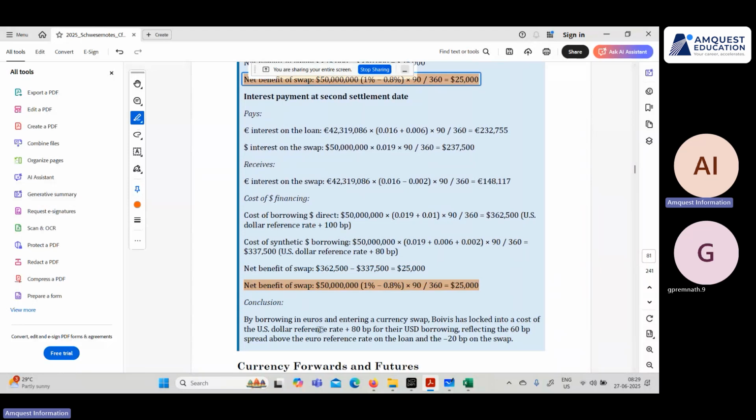So the conclusion is the same: by borrowing in euros and entering into a currency swap, Bobis has locked, very important word, in the price. This will help you understand that no matter whether interest rates move, he has locked in a cost of US dollar plus 80 bips for the USD borrowing. Is that okay?